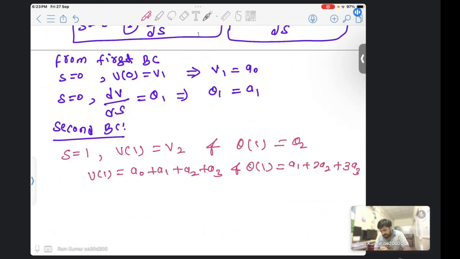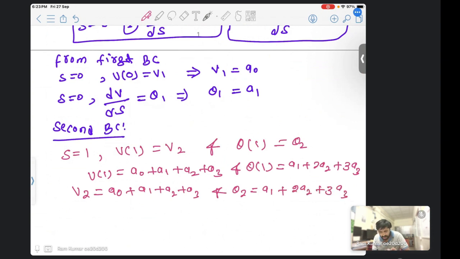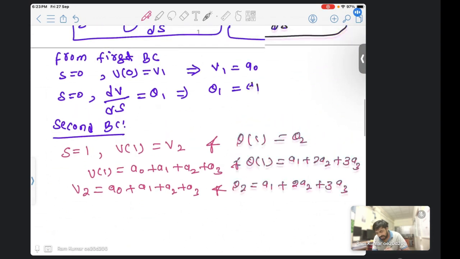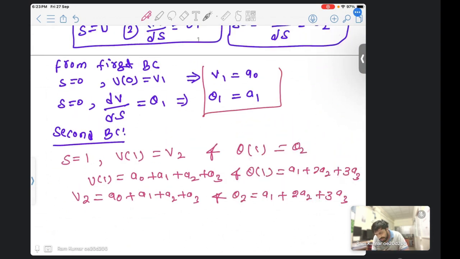So this one we have v2 equal to a naught plus a1 plus a2 plus a3, and this is theta 2, a1 plus 2a2 plus 3a3. Now from here we can say, in place of a naught we can put v1. So it will become v2 equal to v1 plus, and in place of a1 we can put theta 1.